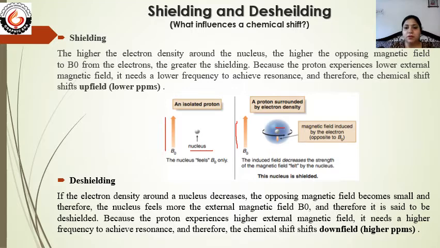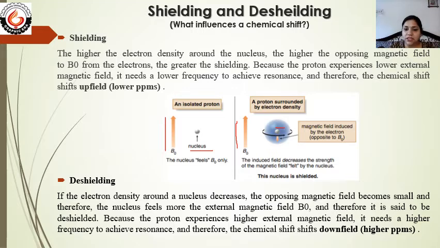Now, if there are more electrons between the external magnetic field and the nucleus, it is more shielded. If it is more shielded, the signal appears at a lower ppm value, on the right side.